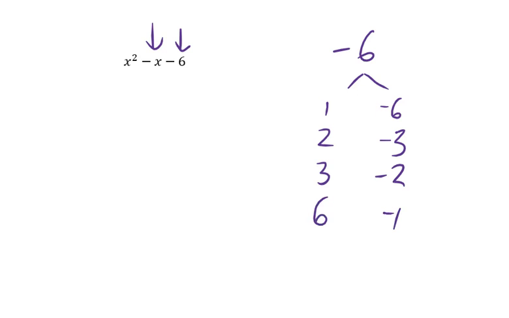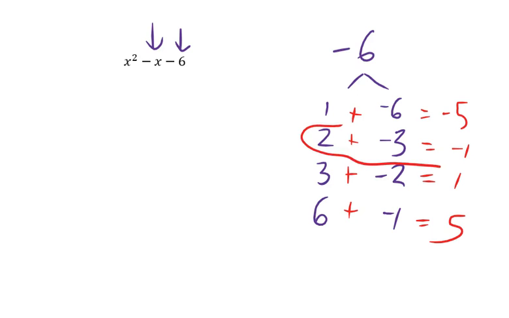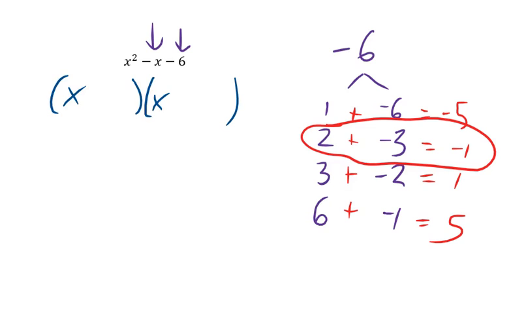And I think about what they add up to. And I'm going to choose the one that adds up to -1. That's going to be this pair right here. 2 and -3 are going to be my numbers. I have x, and I'm going to fill in the blanks with +2 and -3.